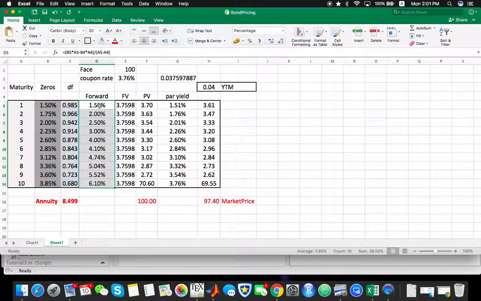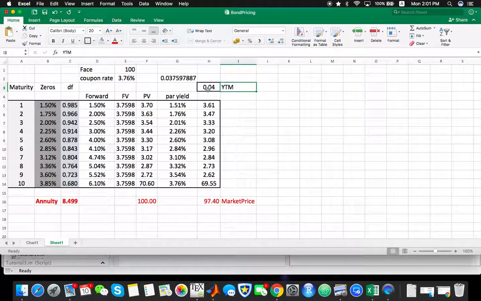So if you are trying to design a fair swap between the floating rate cash flow versus the fixed cash flow, the forward rates represent our expectations about the future interest rates at time 0. And the par yields show the equivalent amount of the fixed payments that you can use in a swap contract.